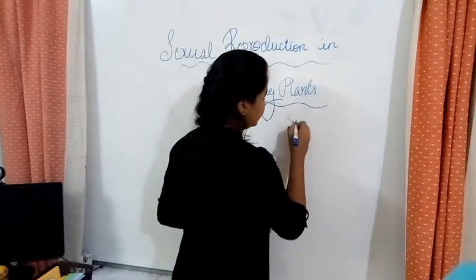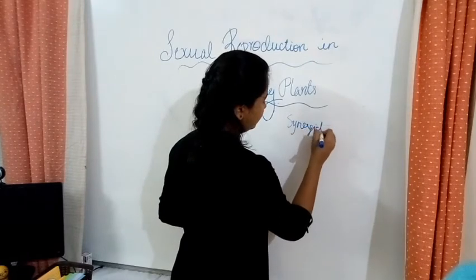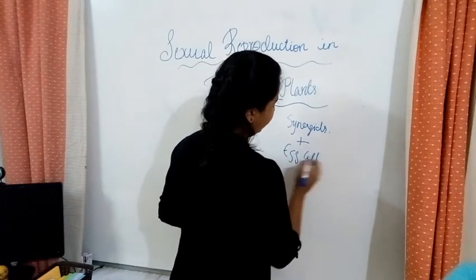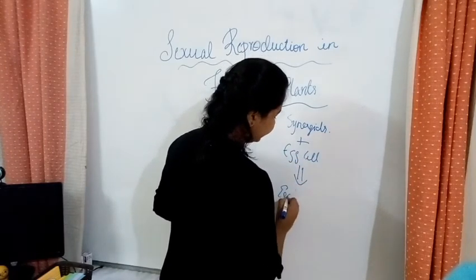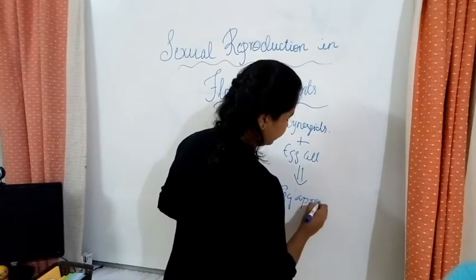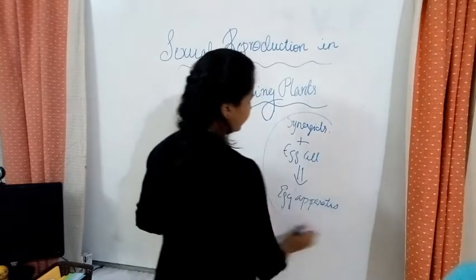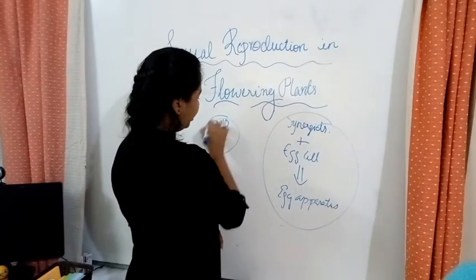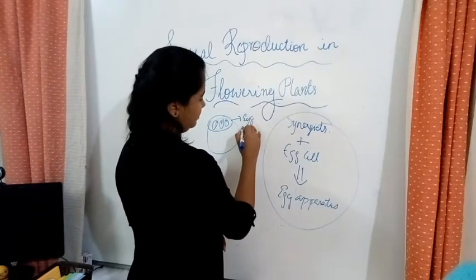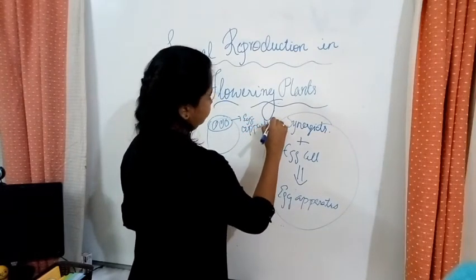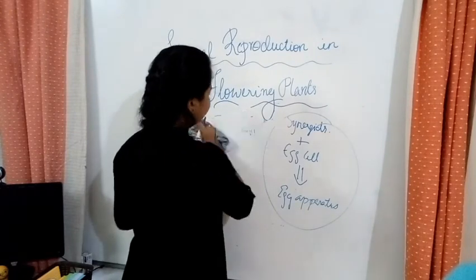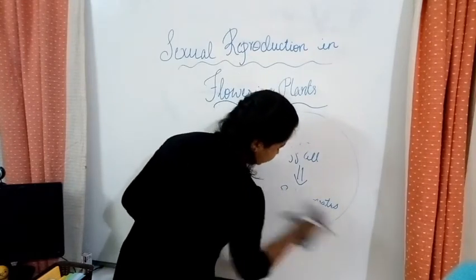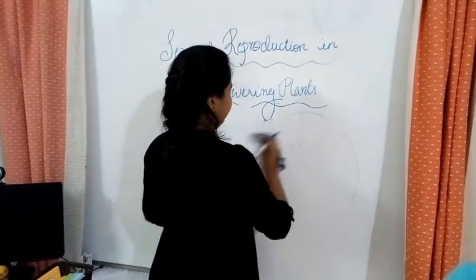The synergids plus the egg cell together are called the egg apparatus. Over here I drew 3 of them, like this. All together this is known as the egg apparatus. Next we'll draw this same structure inside the ovule. So let's see.